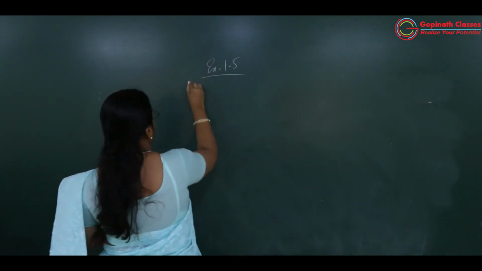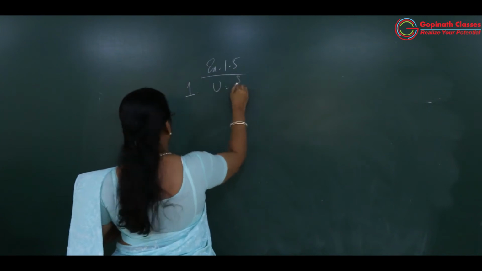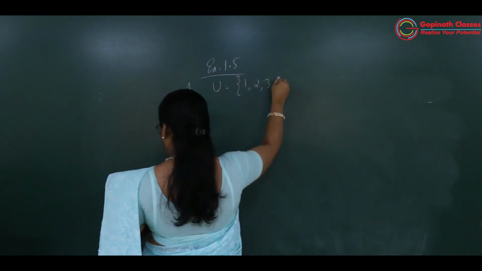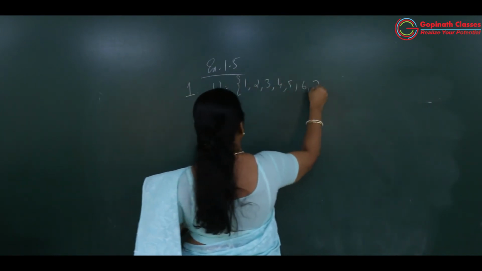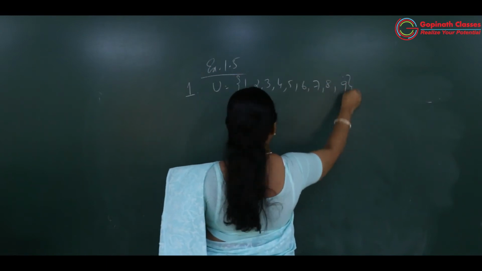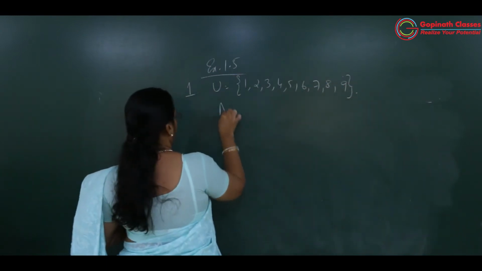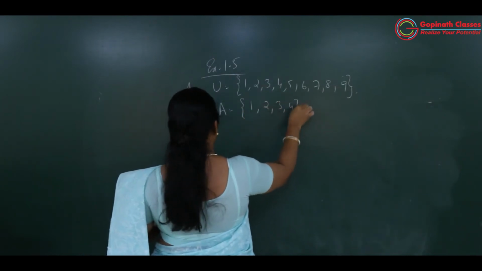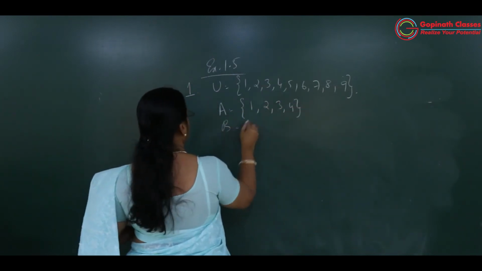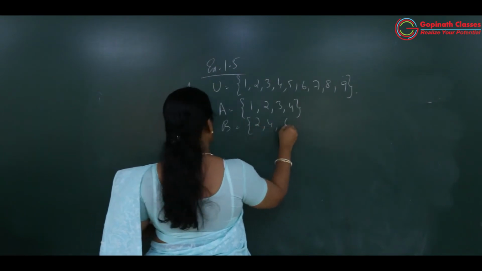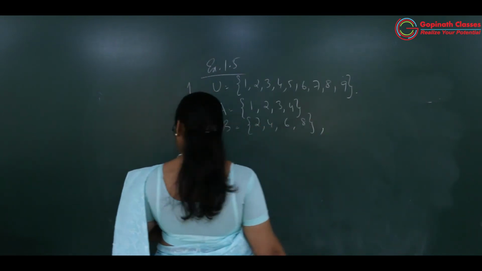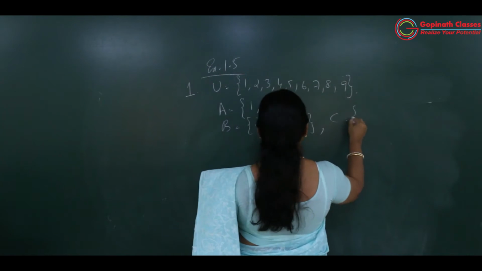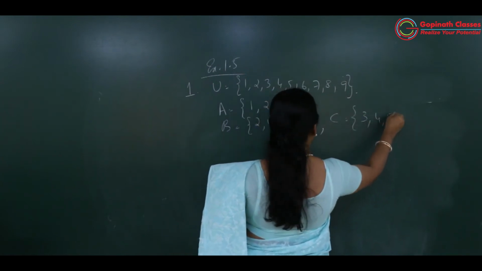Look at the main question number 1. U is equal to the set 1, 2, 3, 4, 5, 6, 7, 8, 9. And A is given as the set 1, 2, 3, 4. And B is given as the set 2, 4, 6, 8. And C is given as the set 3, 4, 5, 6.